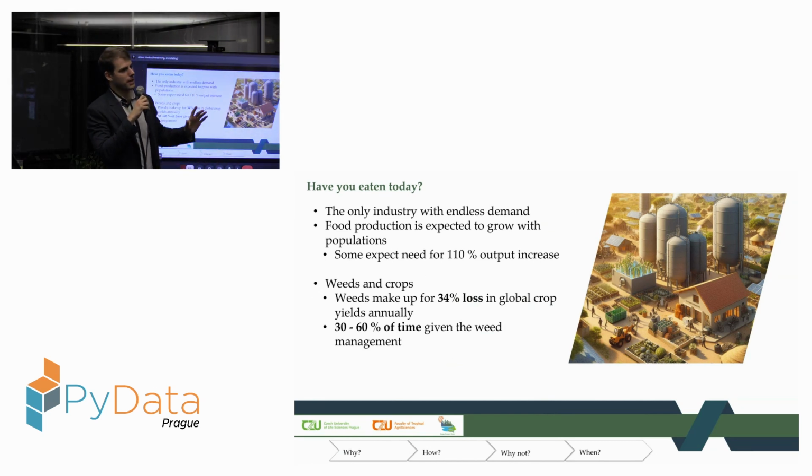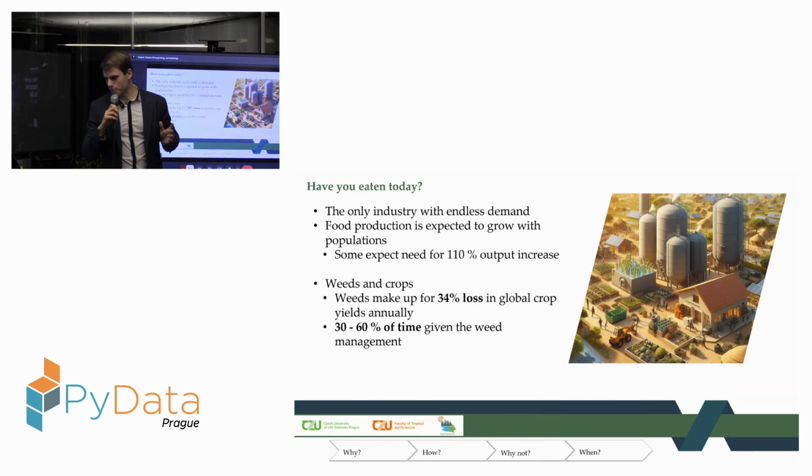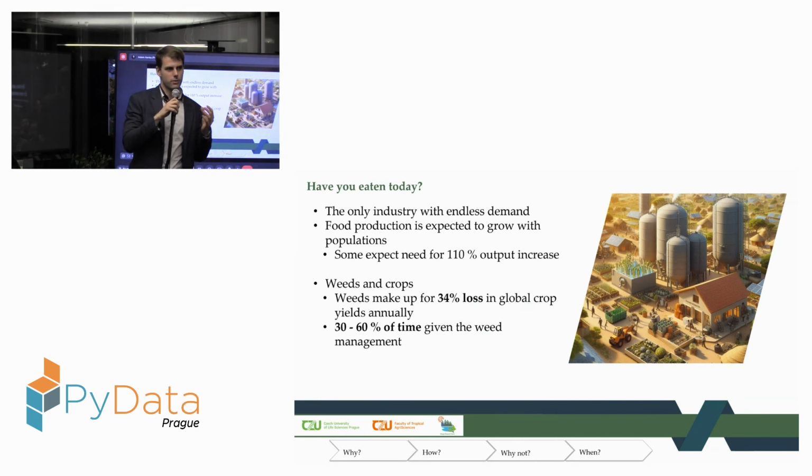Now, if we talk specifically about weeds, they're super important to the outputs of this industry. And those outputs are going to be more important in the future because, as you have probably read in the media, the population is still growing, and with it, its demand for food is growing as well.